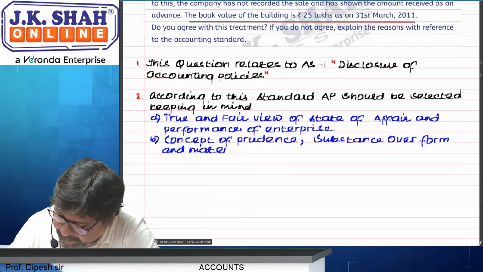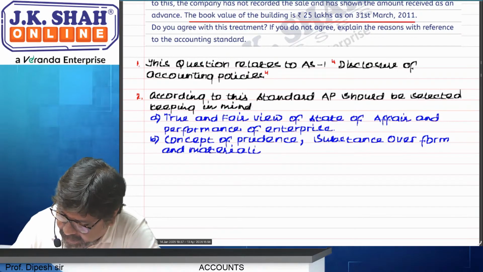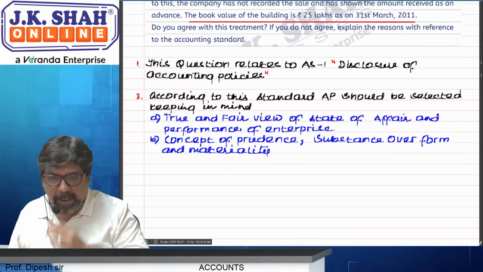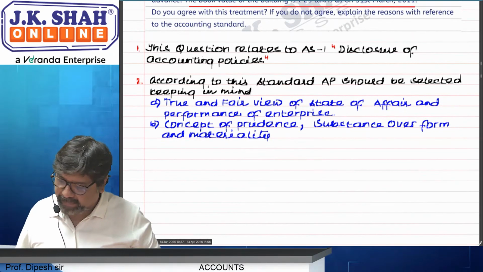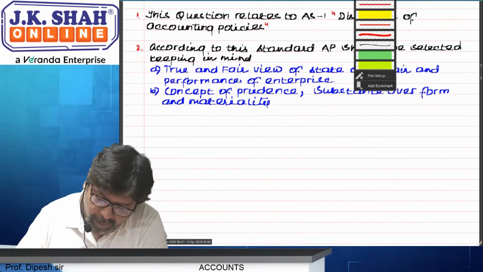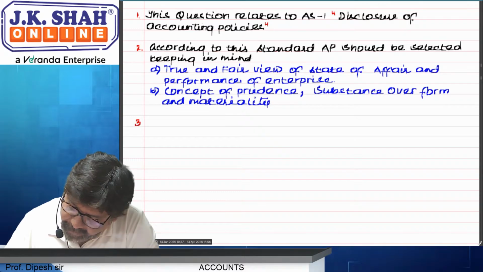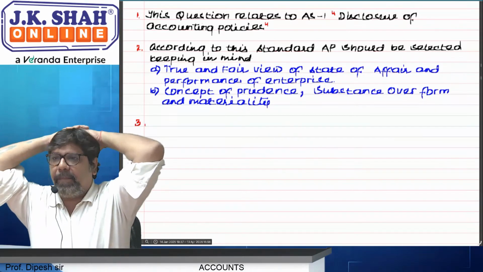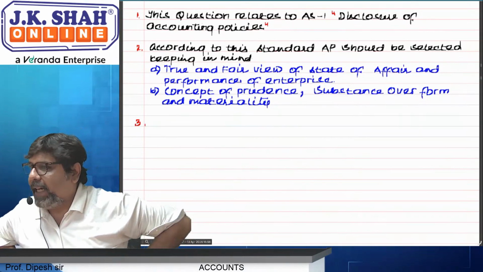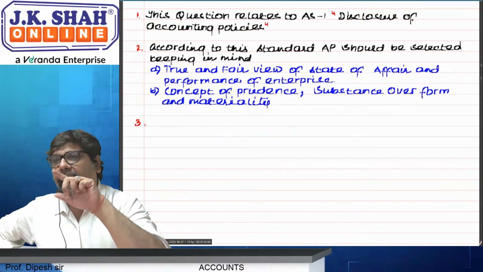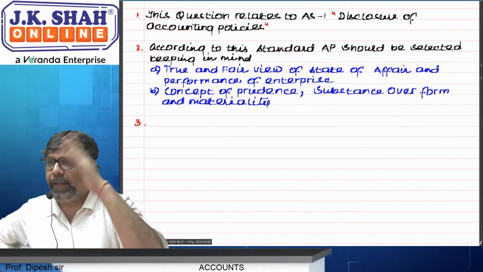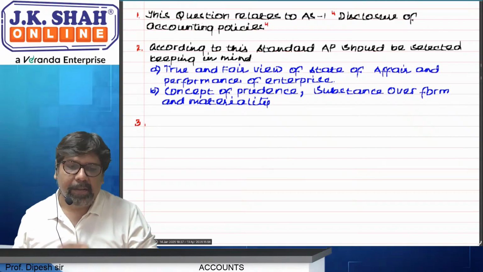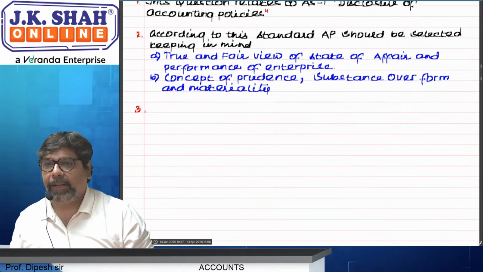These are the things we should keep in mind when we are choosing an accounting policy. Correct? Now chartered, this is provision of the law, number 3. Facts of the case. In the instant case, X Limited has sold its building on 30th September 2010. But legally the building is sold after 31st of March 2011. Correct? So you should record the sale in 10-11 only. Yes, no? On the basis of substance over form.